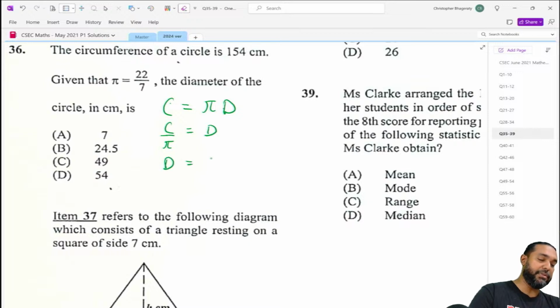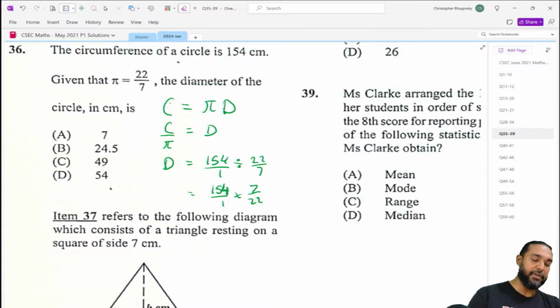So diameter is 154 over 1 divided by 22 over 7. When we're dividing with fractions, what's the protocol? Change divide to multiply and invert the divisor. Here it might be a little difficult to cancel. 22 actually goes into 154 7 times, and 7 by 7 is 49.